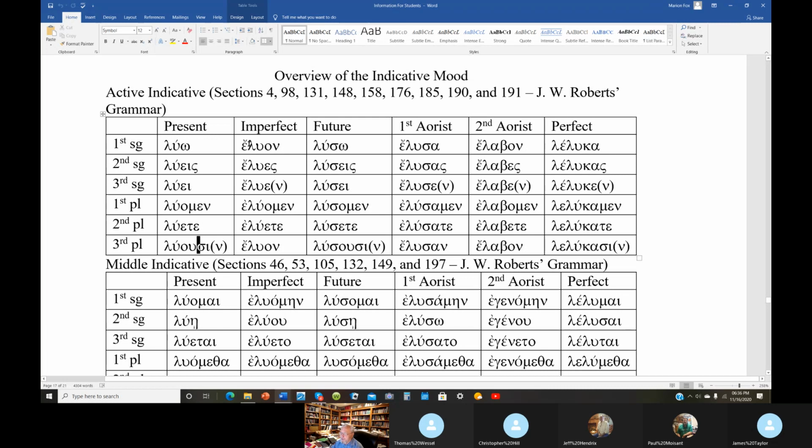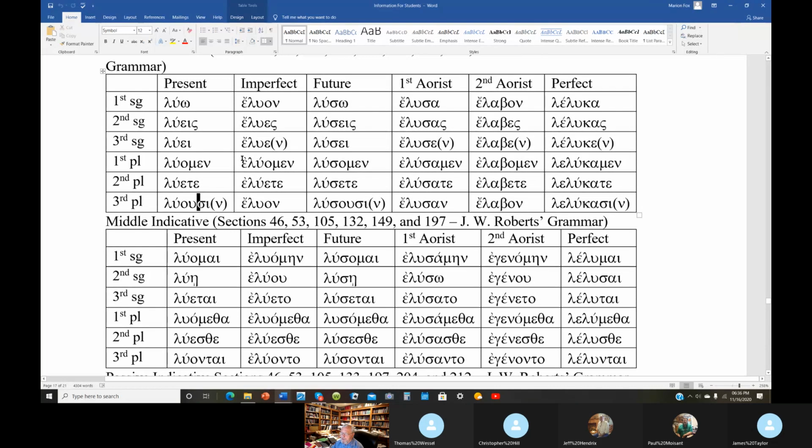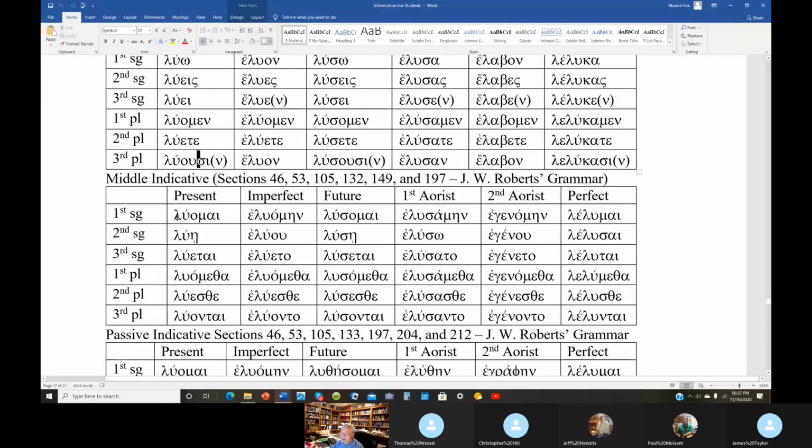All right, your imperfect. Let's take down here the middle voice. In all your voices, in the present tense, and all your moods and voices and tenses, it has the same stem all the way through. And so you have lu, it'd be omai, ei, etai, ometha, esthe, ontai.